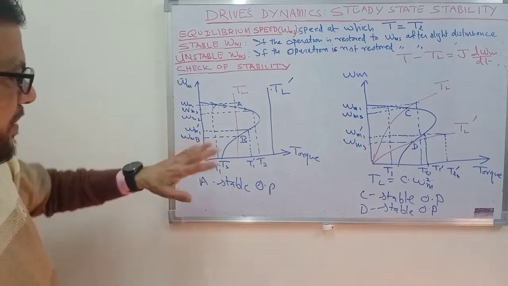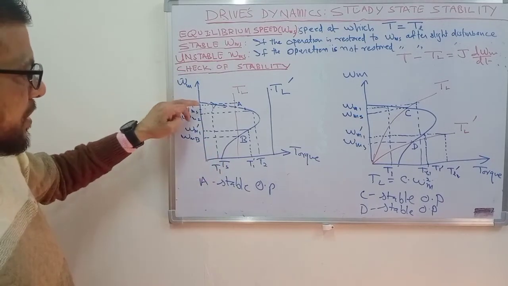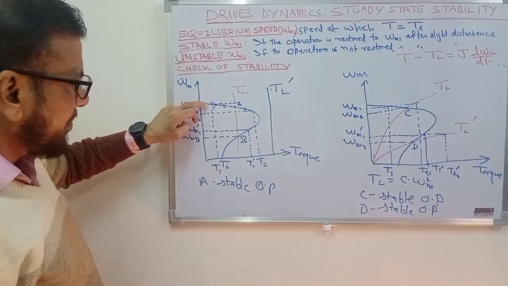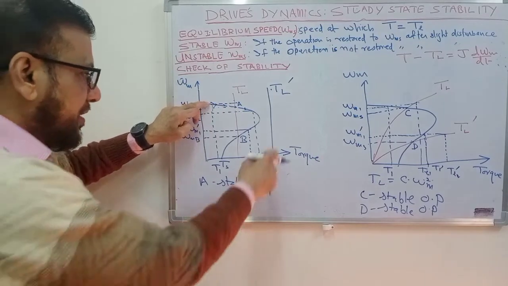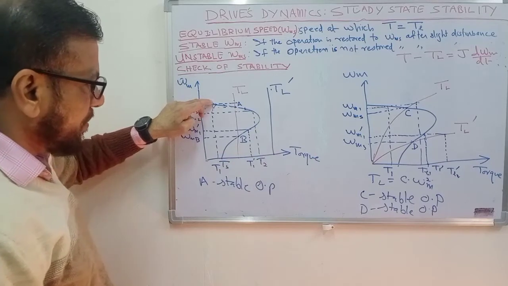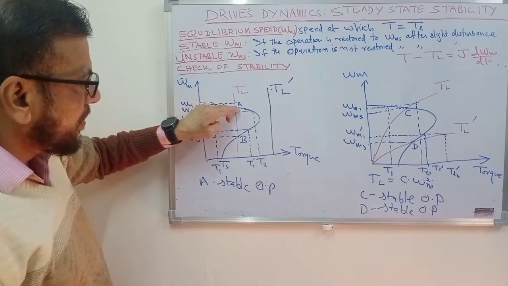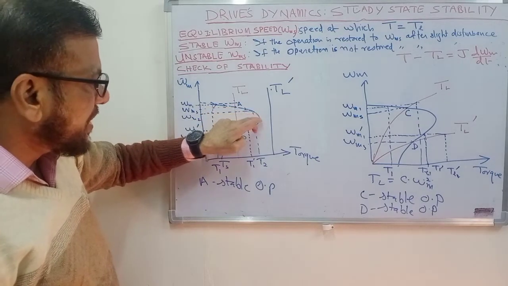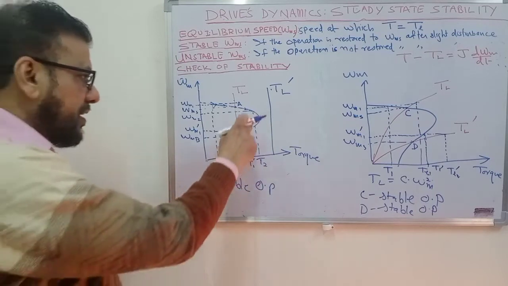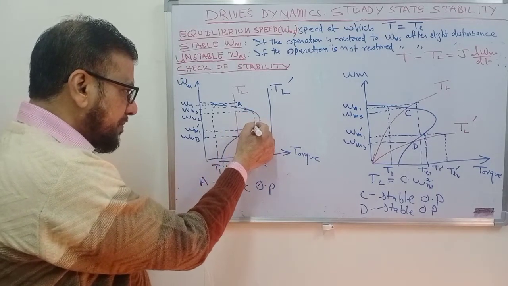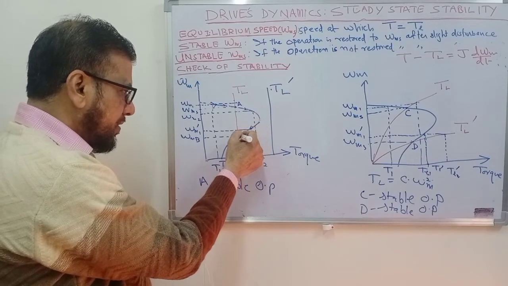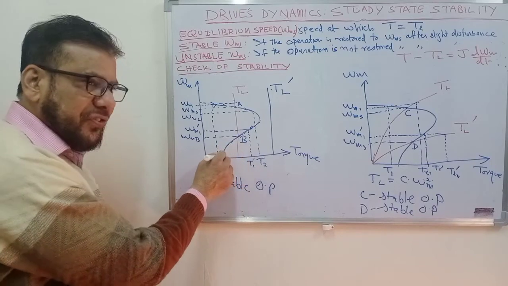You have started the motor, this is the initial speed, then you have applied this load, the motor speed will decrease because the motor torque is less than the load torque. Motor torque is here, load torque is here, so less than the load torque, speed will decrease, torque of the motor will increase, but even at this point the motor torque is less than the load torque and the speed will decrease further, and after that the torque produced by the motor will decrease, and finally you will come to zero speed.